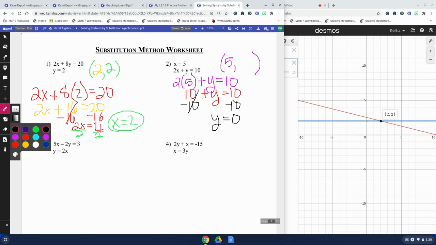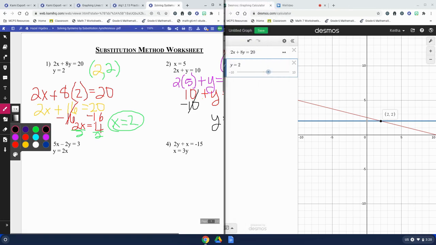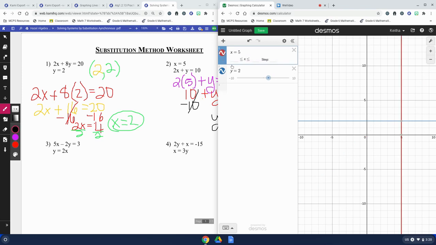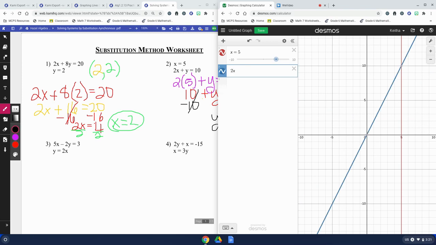So for this system of equations, whenever x is 5, y must be 0, and this is how you will find a solution. This is how they'll be equal. So let's try. Okay, so x is 5. 2x plus y equals 10.